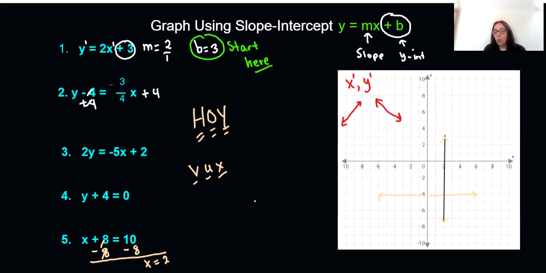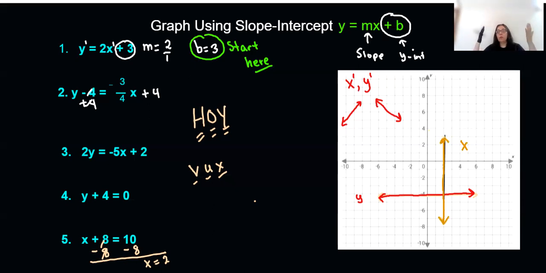If your equation only has a y in it, it's going to be horizontal. And if your equation only has an x in it, it will be vertical. So when you're graphing these, think of that right away.